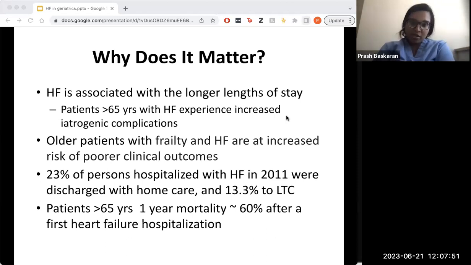I was able to find this statistic in one of the studies that I was reading: in 2011 in the US, 23% of patients who were hospitalized with heart failure were discharged with home care and 13.3% to long-term care. So I suspect the numbers are even higher now in 2023. Overall, data shows that older patients with frailty and heart failure are at an increased risk for poorer clinical outcomes.